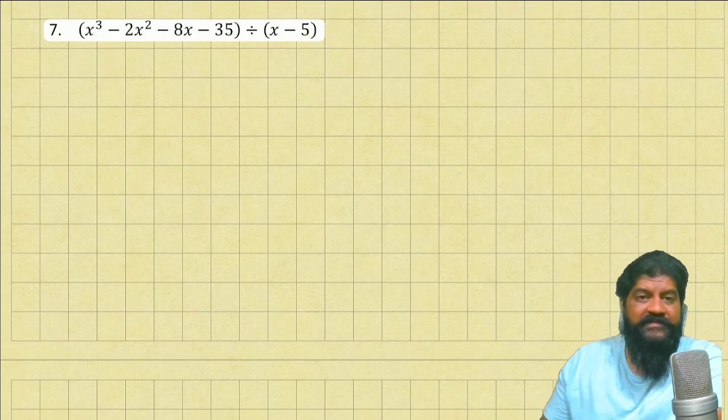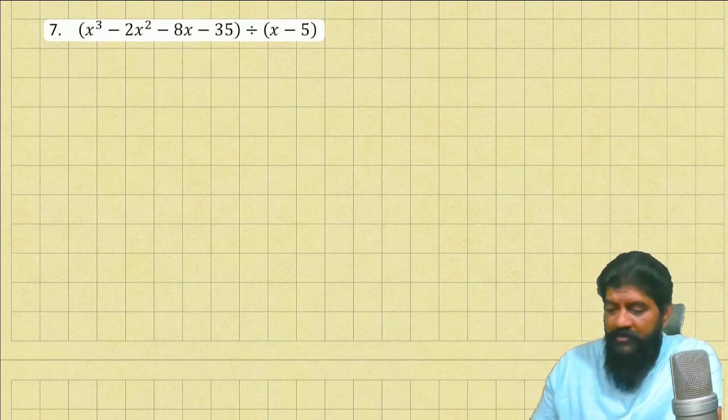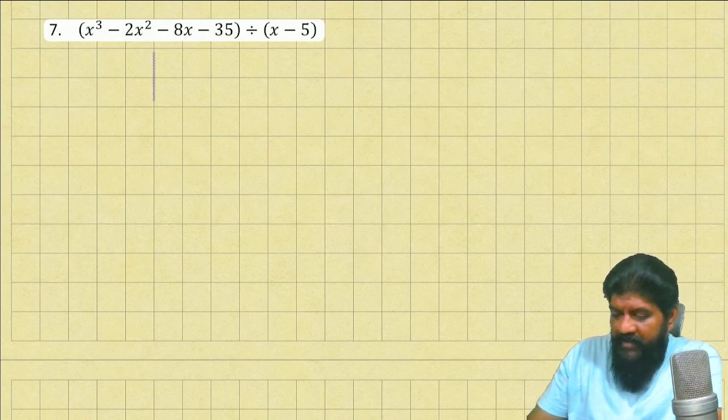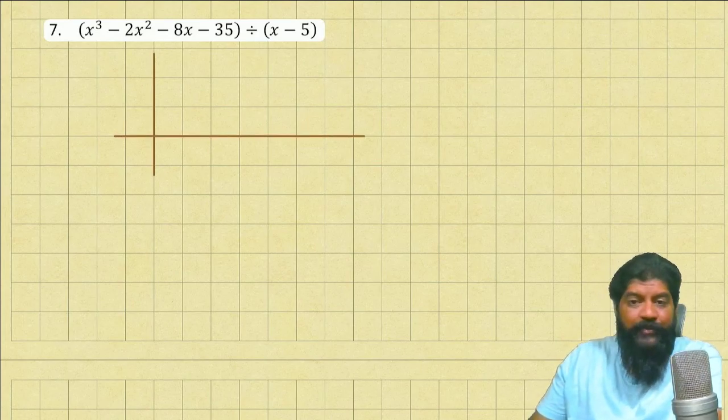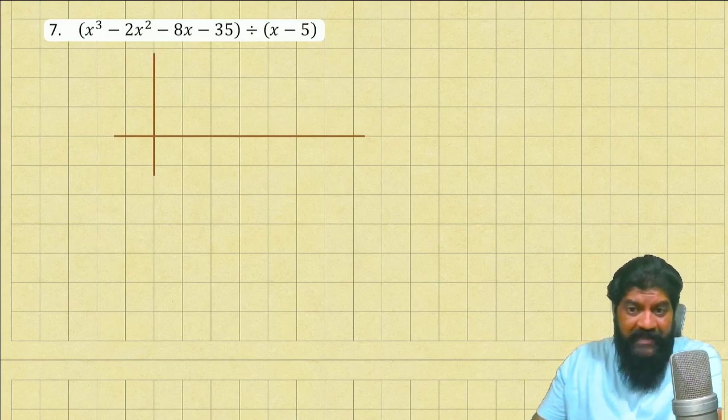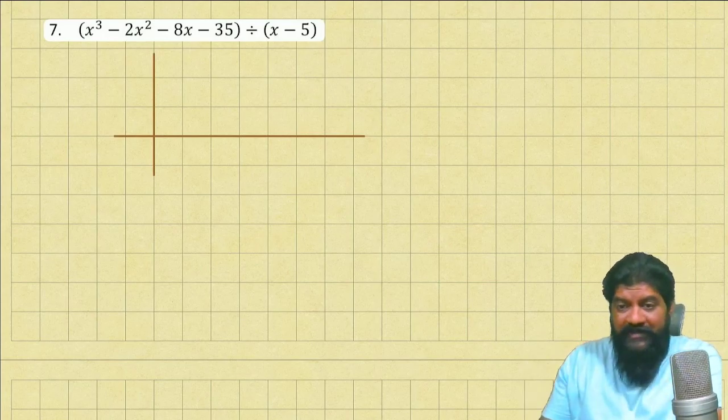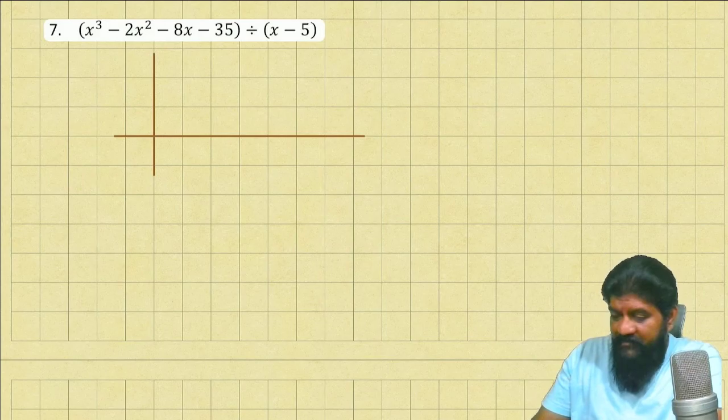For question 7, the process is still the same. Draw two lines, one like that and another like that. Start writing the coefficients of x, the variable, in the reducing powers of x, which means the first term I'm going to write here is a 1, and then a minus 2, and then a minus 8, and then a minus 35.